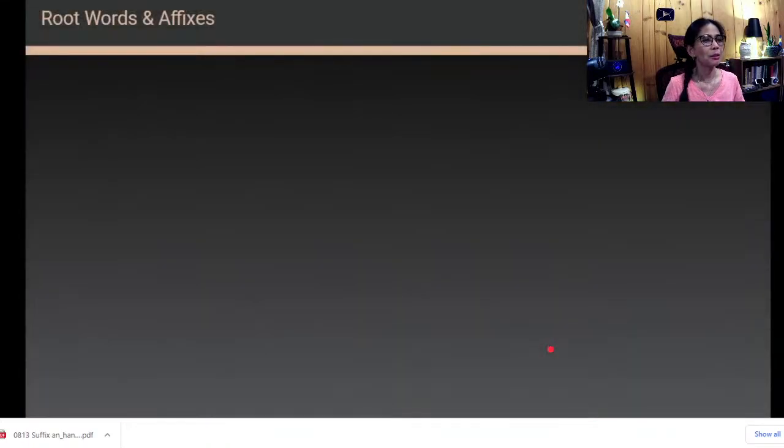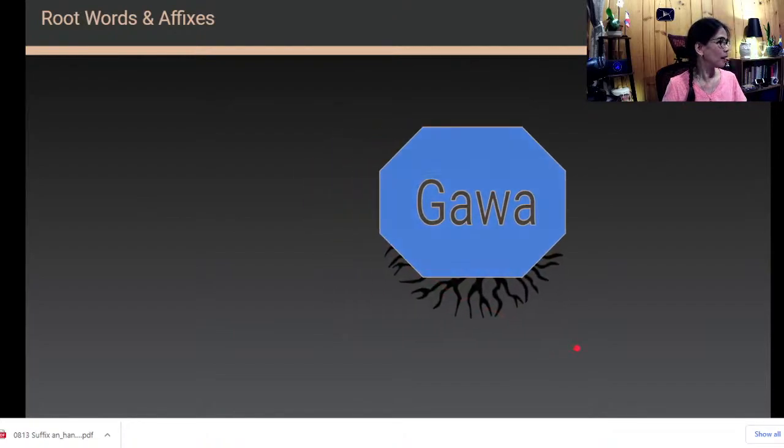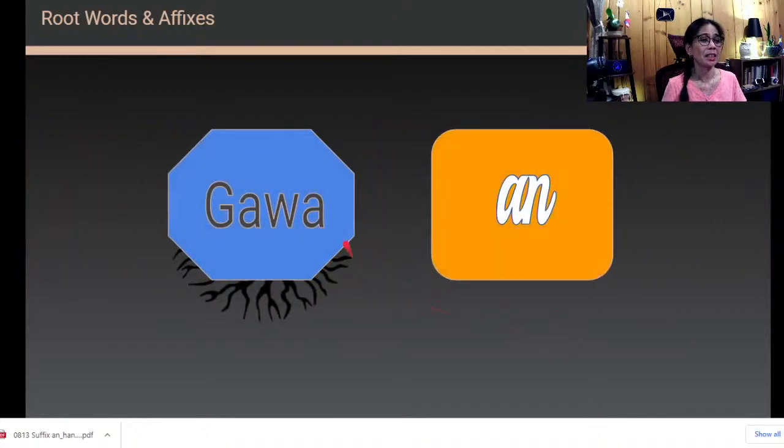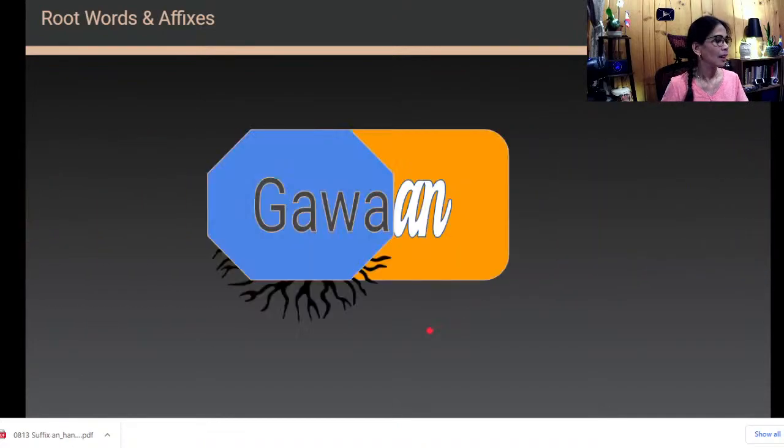So we have gawa as the root word, as animated here, and then we have the suffix an. Gawa and an, we want to find out if these two components will work together. Gawa with the suffix an. Of course, I tell you that gawaan is a valid word.